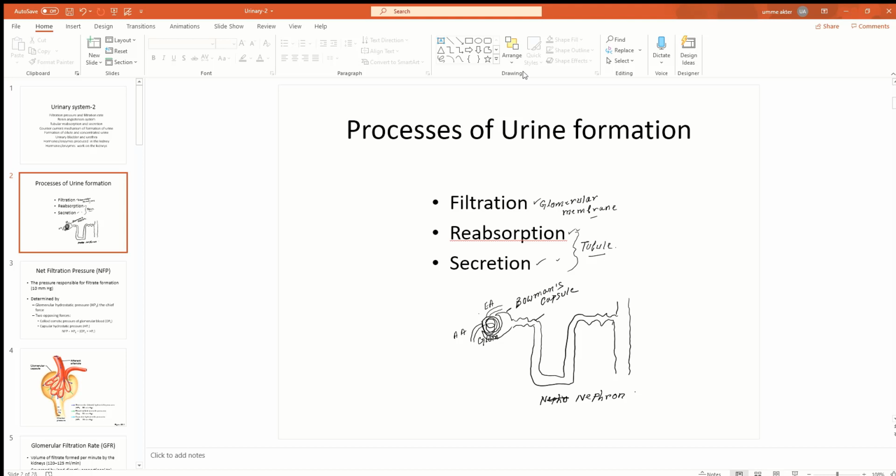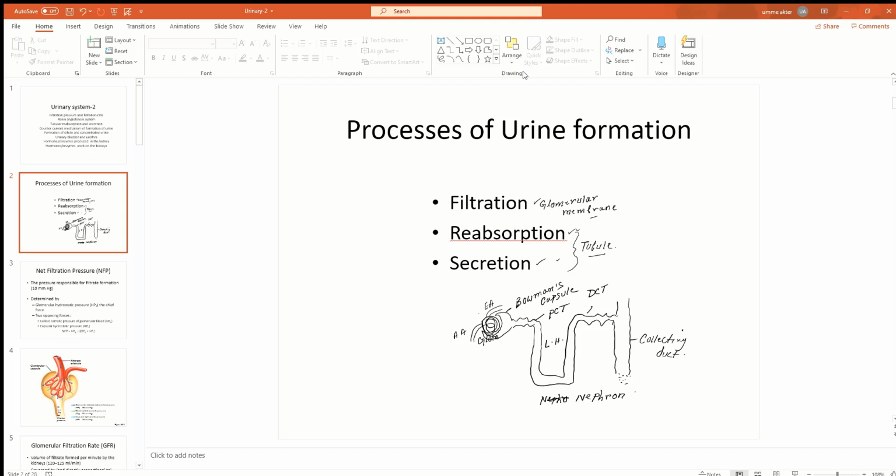Then this is called the proximal convoluted tubule. This is the loop of Henle, and this part is the distal convoluted tubule. Okay, and this is the collecting duct or collecting tubule. Okay, and finally the urine gets out.